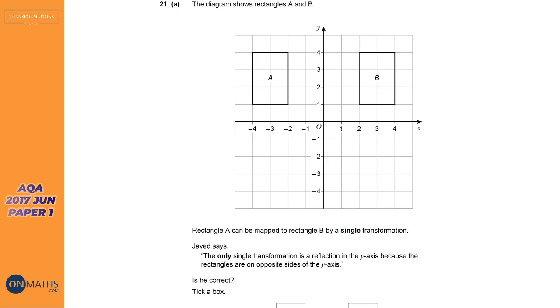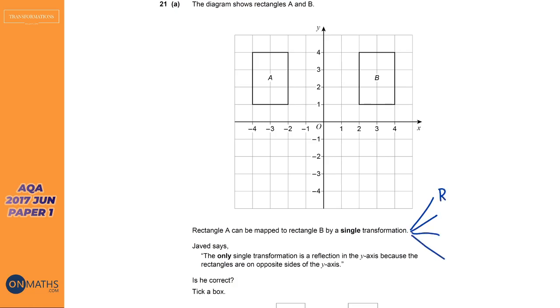Last up is our AQA question, and this one's got quite a lot of things to understand in it. It's actually quite a simple question, really, because it says that a rectangle A is put onto rectangle B by a single transformation. Now, what I would do here is think about what the transformations are.